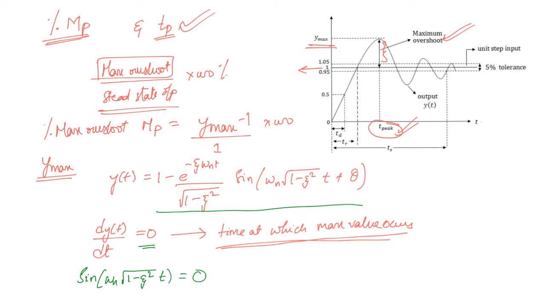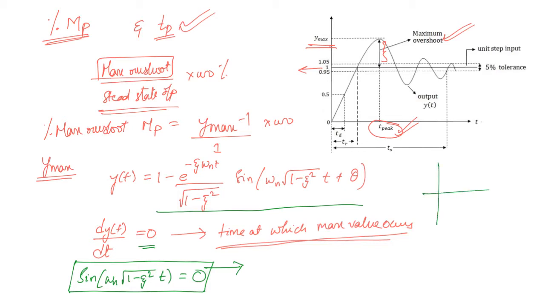Okay, so I'm not explaining this simplification step by step because it is very lengthy, but you can do it yourself. It is quite easy. You just have to use the different trigonometric functions. So what is the solution for sine of omega n root over 1 minus zeta square t is equal to 0? Now when any sine of anything is equal to 0, it means that the argument will be an integer multiple of pi.